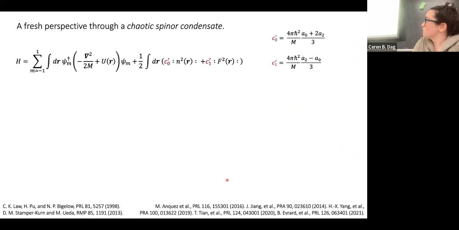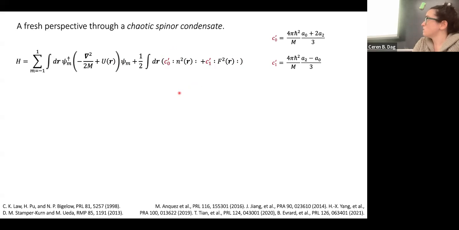So, a usual spinor condensate Hamiltonian that you see here, where you see the kinetic energy part and trap potential, and then we have the density interactions, which are captured by the number operator for your atoms, and then the angular momentum operator here.